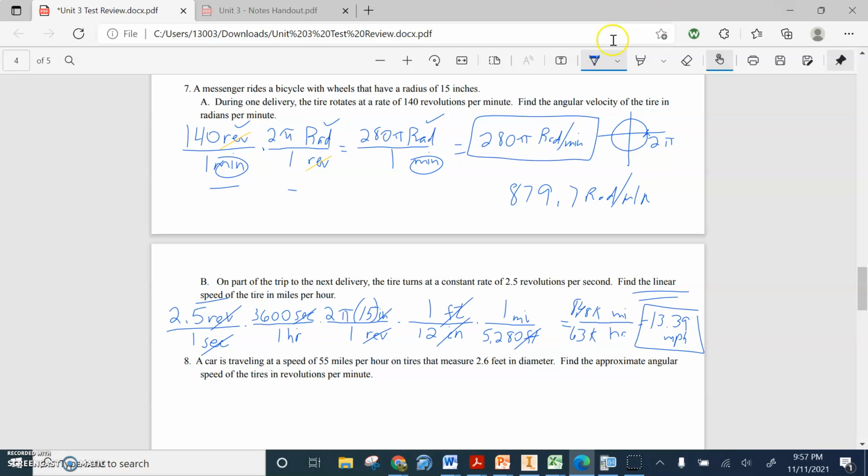The other way to have done this is to just straight through 2.5 times 3600 times 2 times pi times 15. And then simply at that point say divided by 1, divided by 1, divided by 1, divided by 12, divided by 5,280.